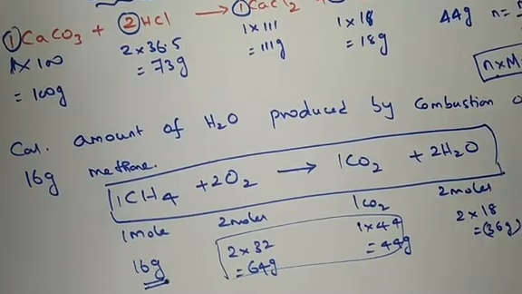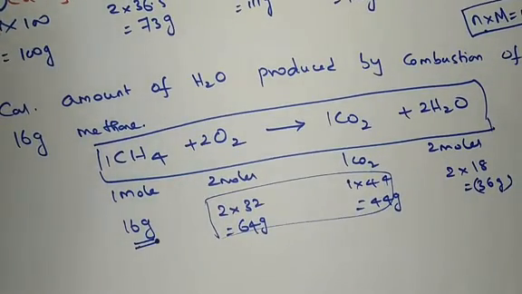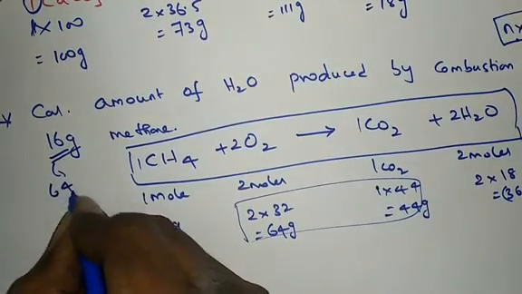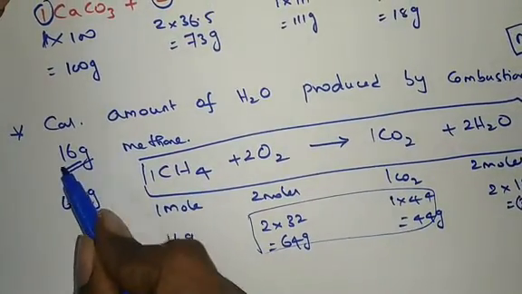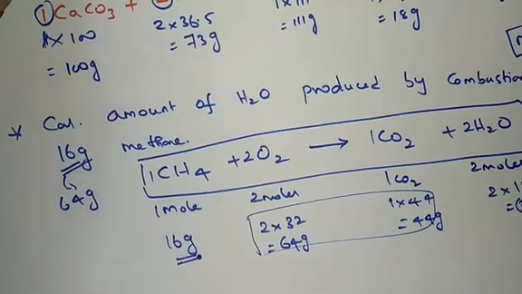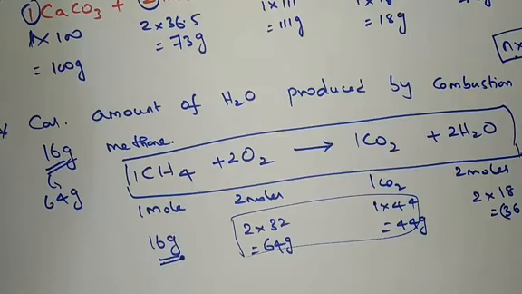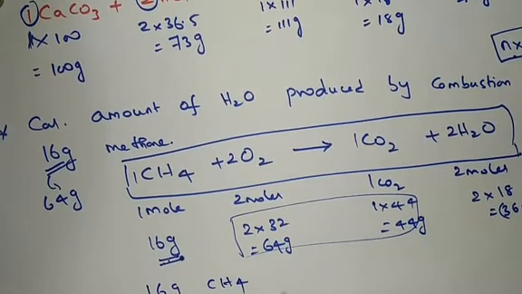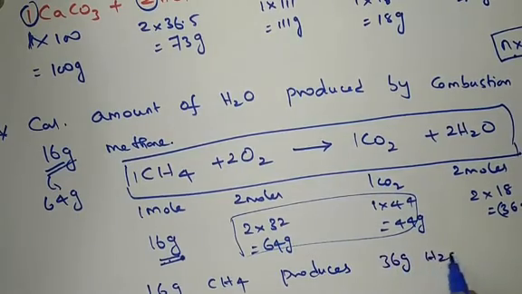So it is a direct question here. Suppose the question is: calculate the amount of water produced by the combustion of, instead of 16, 64 grams of methane. So how will you do this? The same question, but instead of 16 grams of methane, 64 grams of methane is given. We know that according to the balanced equation in terms of mass, 16 grams of methane produces 36 grams of water.